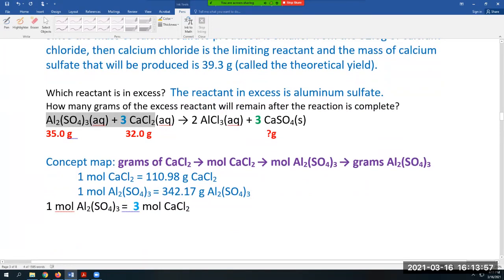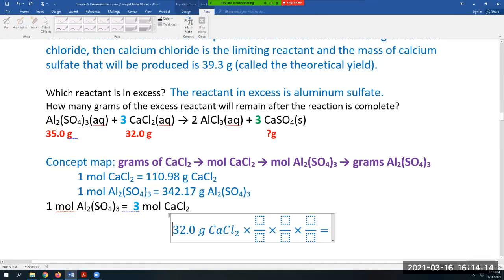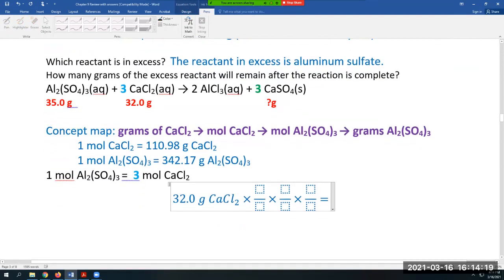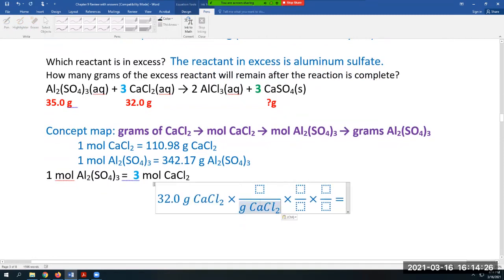So the starting amount, the given amount you type first, is going to be the mass of calcium chloride, because that is limiting the amount that can react. So that's what you start your calculation with. We start again with the 32 grams of calcium chloride. We have units of grams of calcium chloride in the numerator, so we want them in the denominator of the first conversion factor, so we can cancel units.